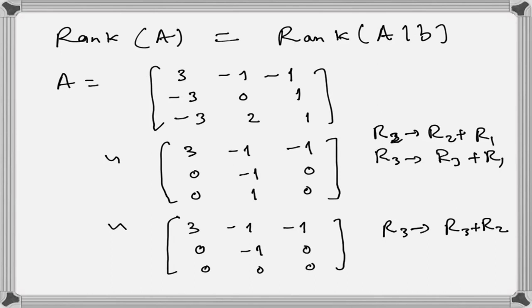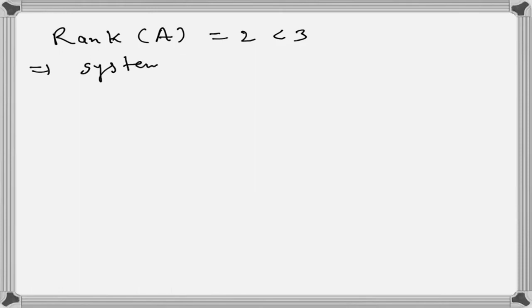So here the rank of A is 2, which is less than 3. This implies the system has infinitely many solutions.